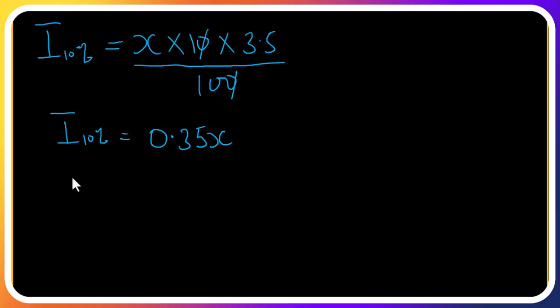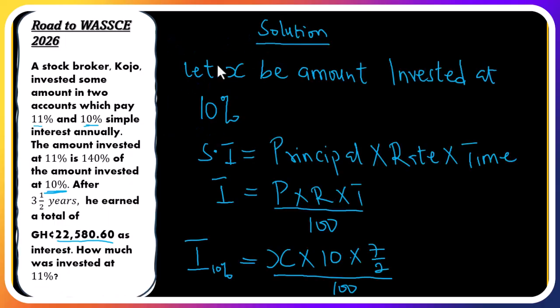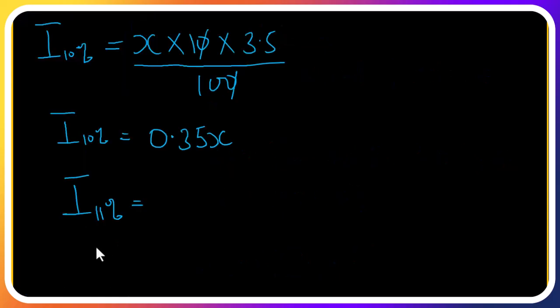For the 11% interest, the principal is 140% of the amount invested at 10%, X, times the rate.